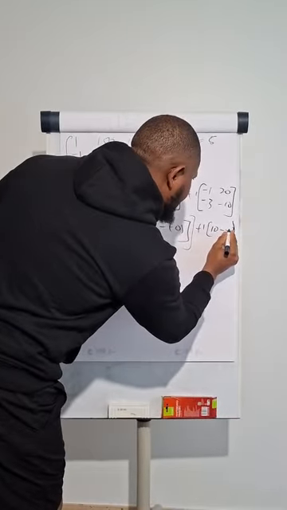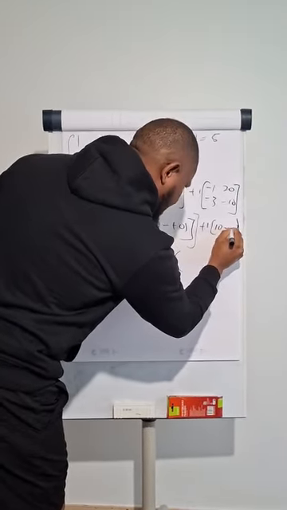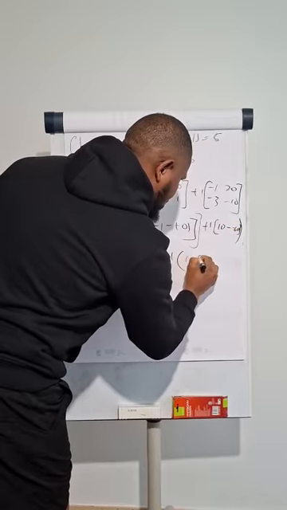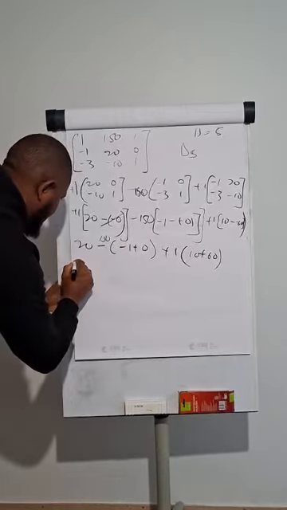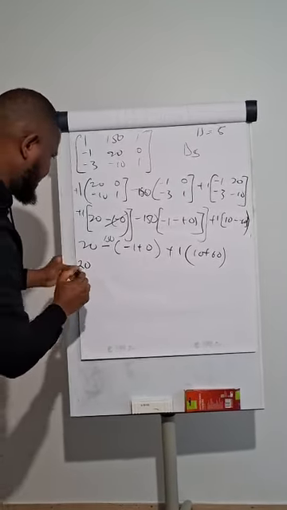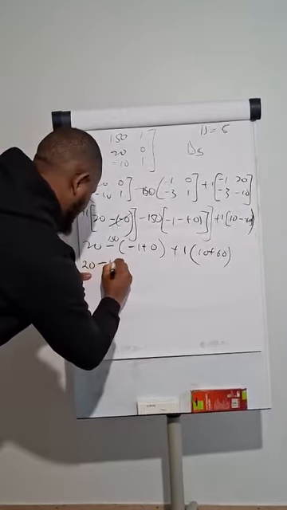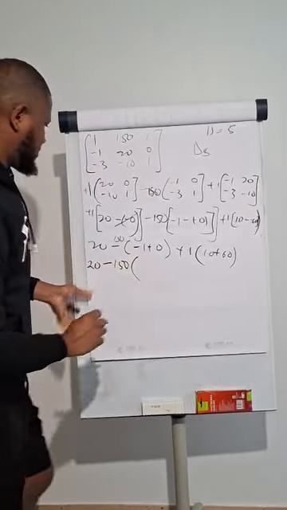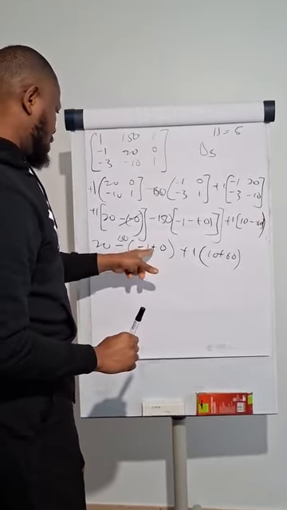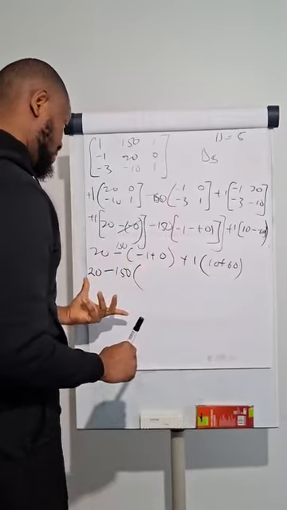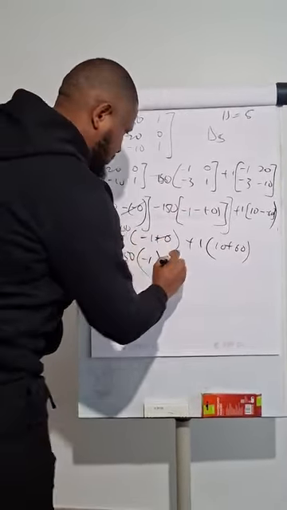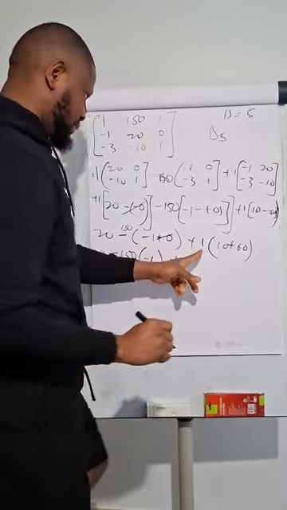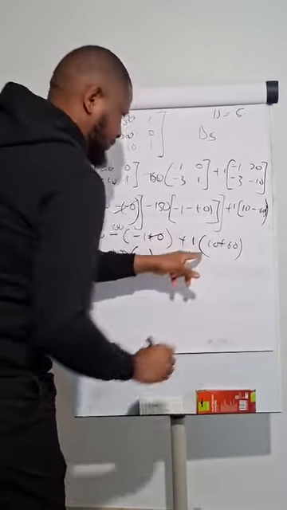This is minus minus, so it returns to positive, which is 10 plus 60. Now we have 20 minus 150, minus 1 plus 0, which is already cancelled out.